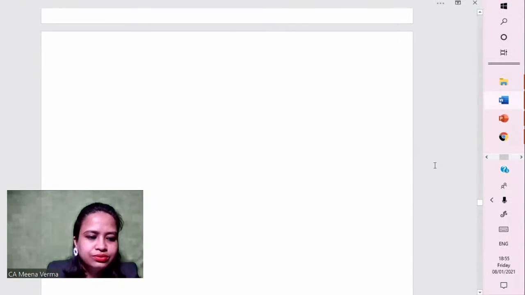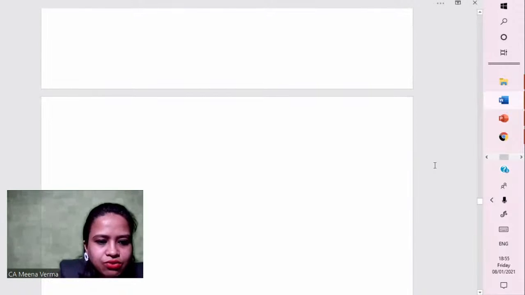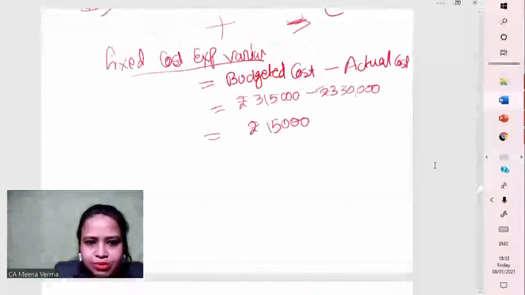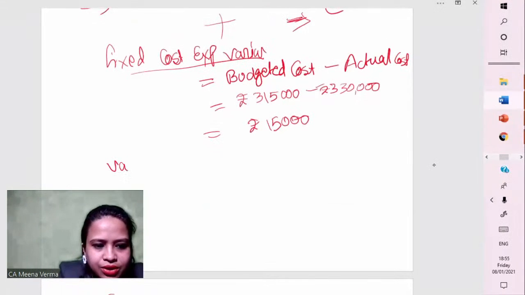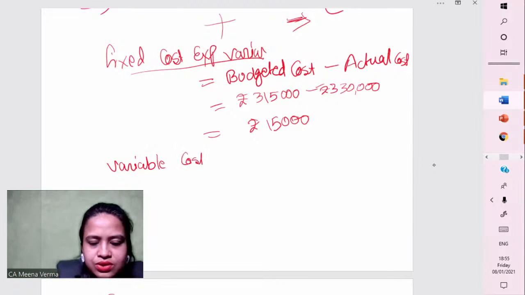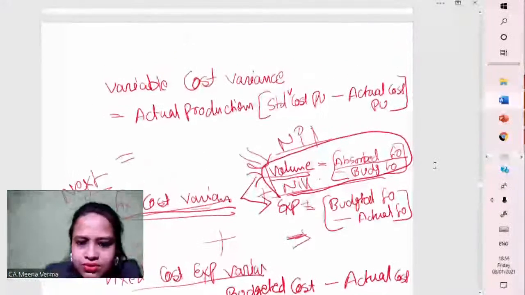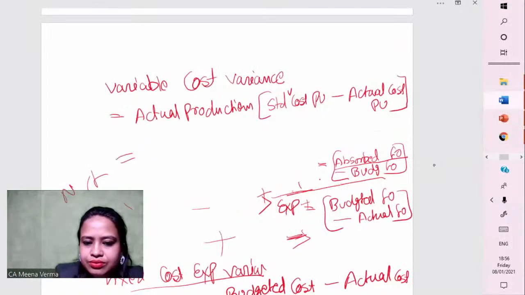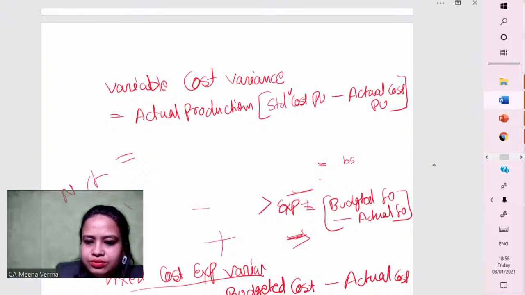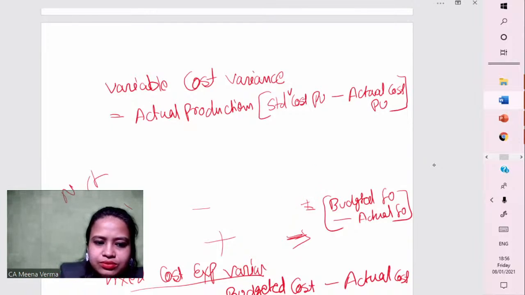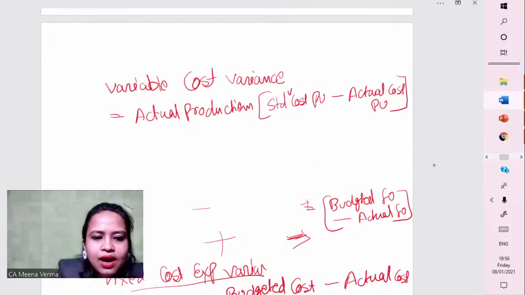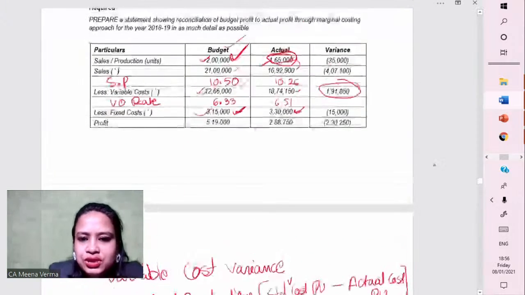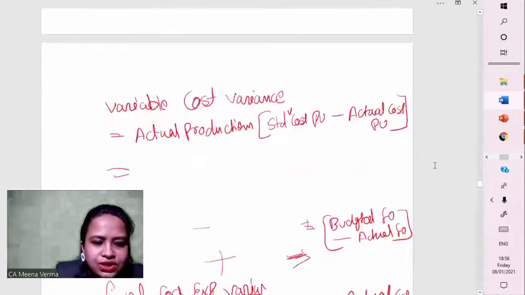Okay. First, let me find the variable cost variance. I think I have written the formula somewhere. Yes, I'll write it here itself. Actual production is 1,65,000.